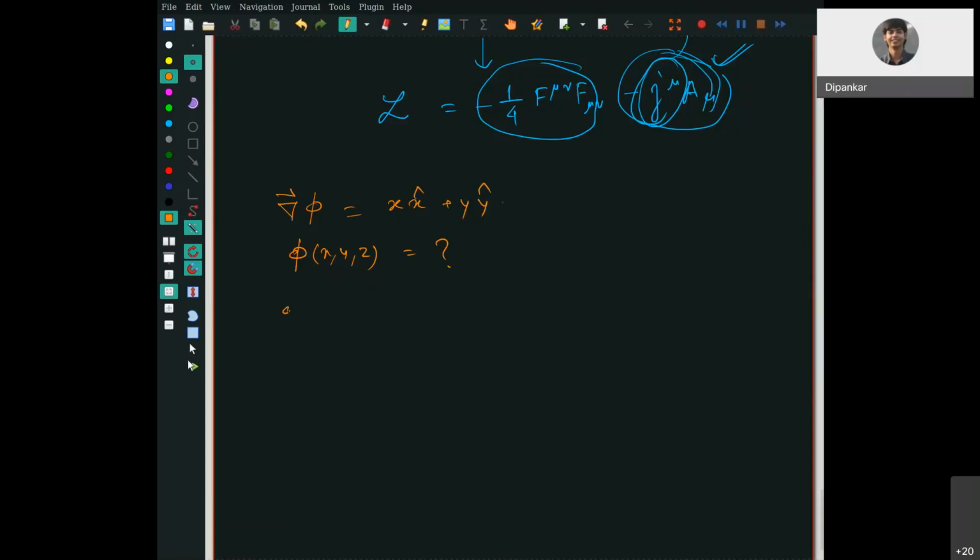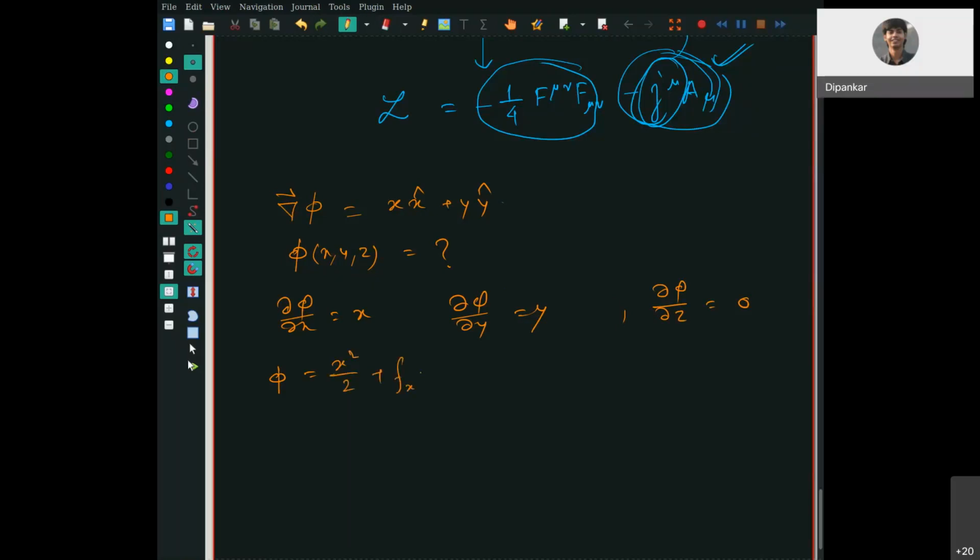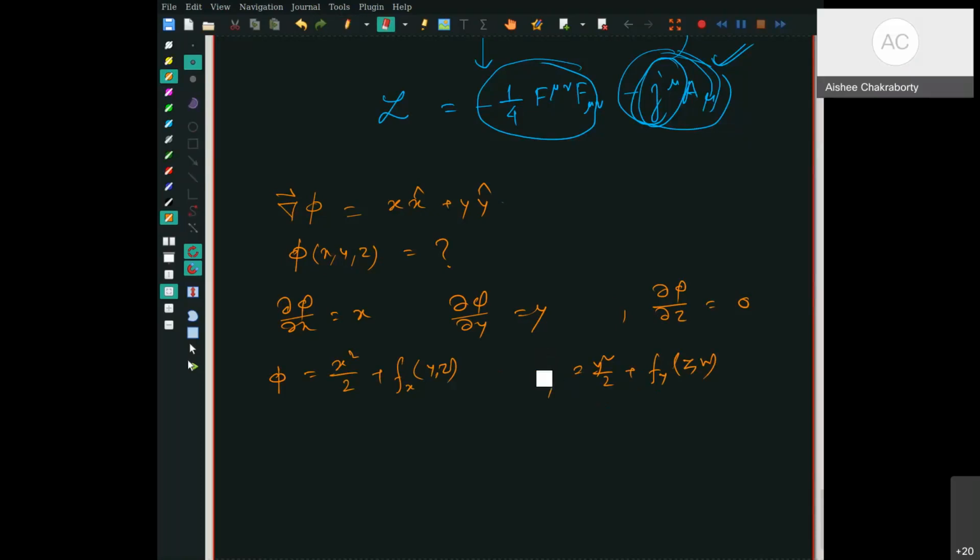You will first say del phi del x equals x, del phi del y equals y, and del phi del z equals 0. Then you will do this and you say phi equals x square by 2 plus one function that you call, say, a function of y and z, and then you say del phi del y, so y square by 2 plus, and similarly with z.